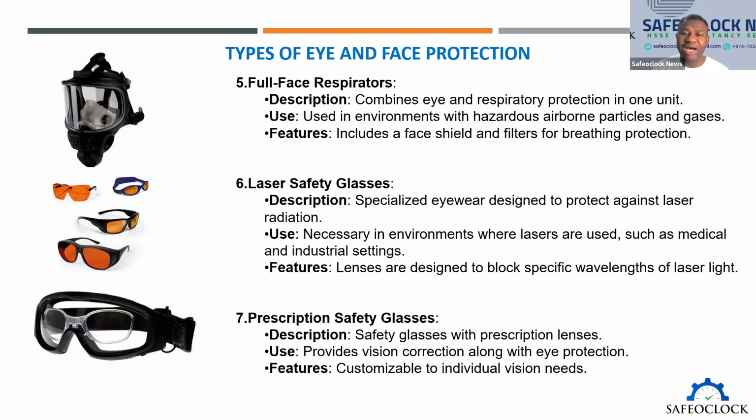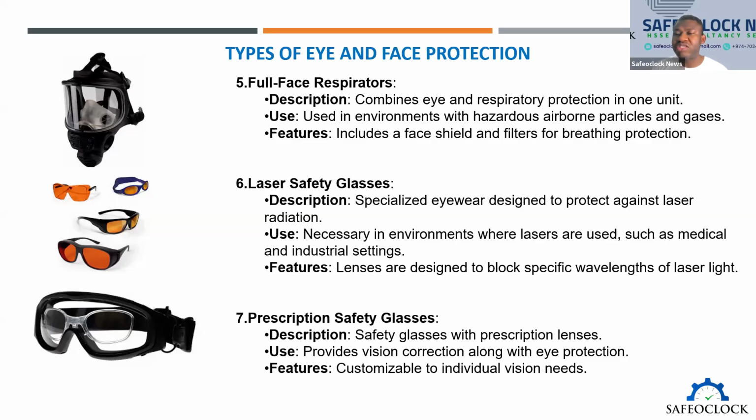Then another type of eye protection is the prescription safety glasses. These prescription safety glasses are the same type of safety glasses we have, but the additional feature is that they have prescription lenses. Okay, so they are used for vision correction along with eye protection. So it gives you protection to your eye, and at the same time is correcting the eye problem that you already have.